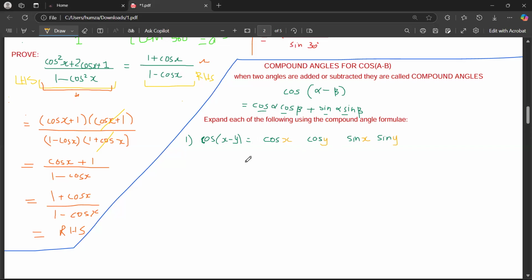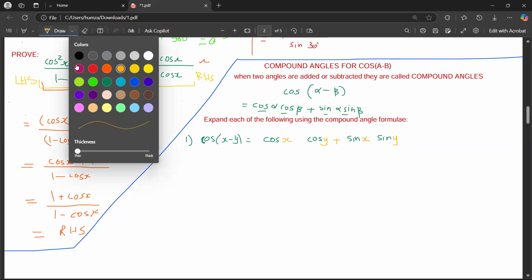And then we look at the sign. If it is negative in the brackets, then there will be a positive sign. So we see that there is a negative sign in the bracket, we are going to add the positive sign. So this is your expanded form of cos x minus y.